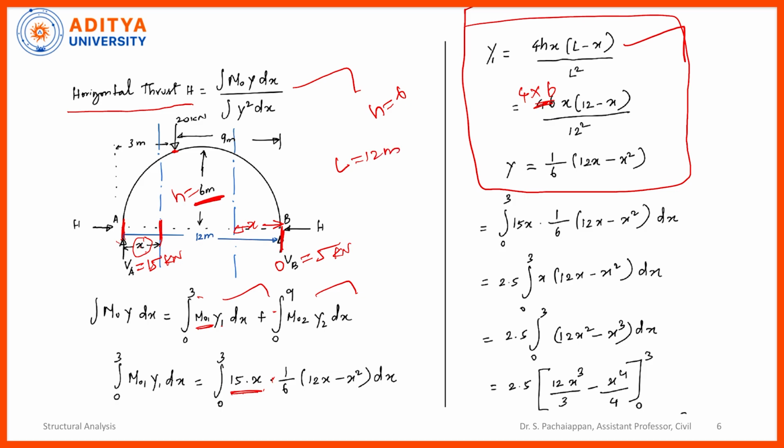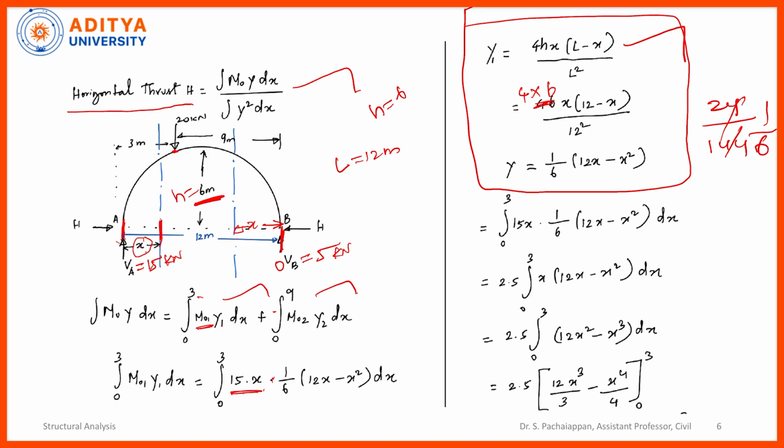Simplifying, 6 into 4 is 24, and 24 divided by 12 square, which is 144. Cancelling, we get 1 by 6.